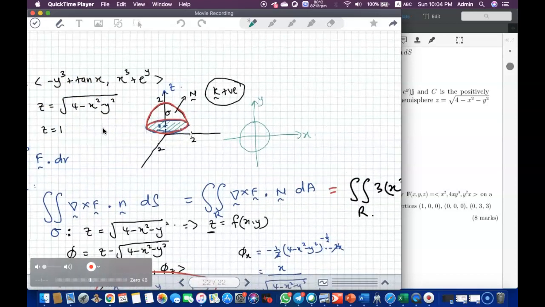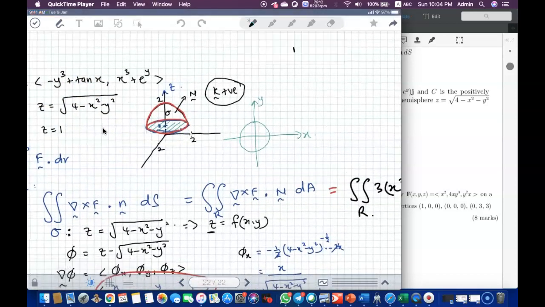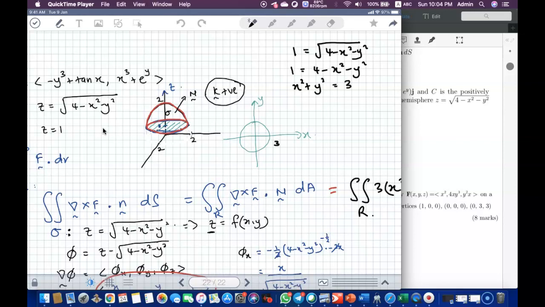So you have 1 equal to the square root of 4 minus x squared minus y squared, so 1 equal to 4 minus x squared minus y squared. So x squared plus y squared is 3. So you have a circle with radius square root 3, centered at the origin.